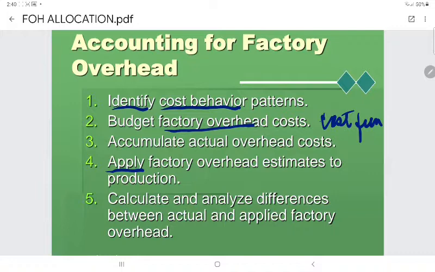And at the same time, you have to also accumulate your actual factory overhead, after which you would be able to already determine how much is the applied factory overhead, then make a recording of both, a recognition of both the actual and applied.